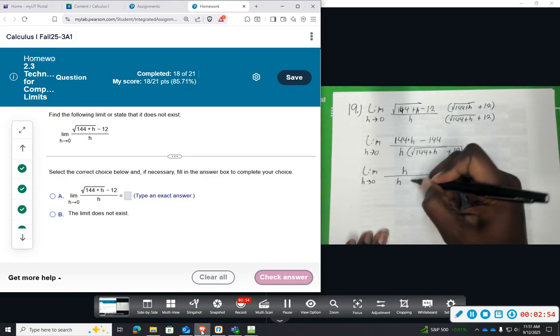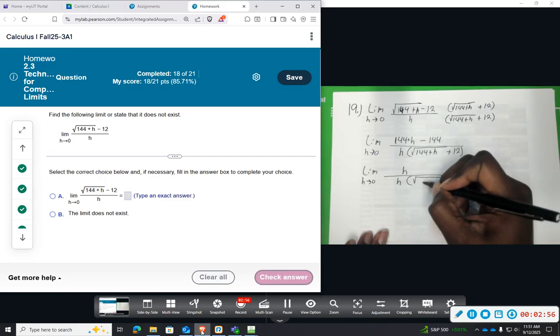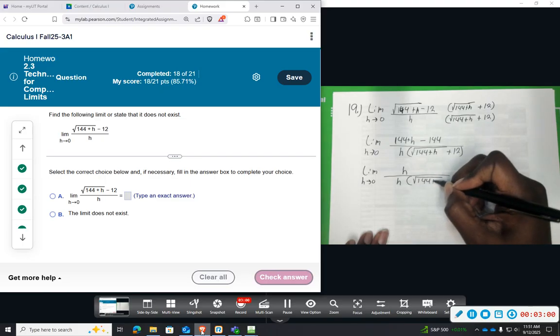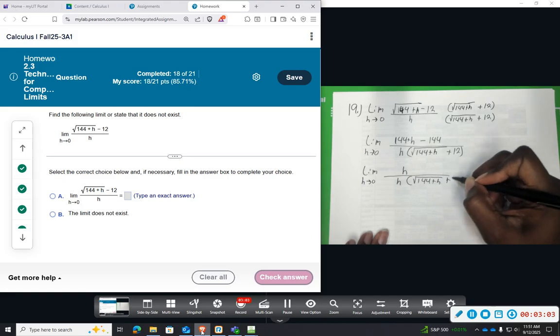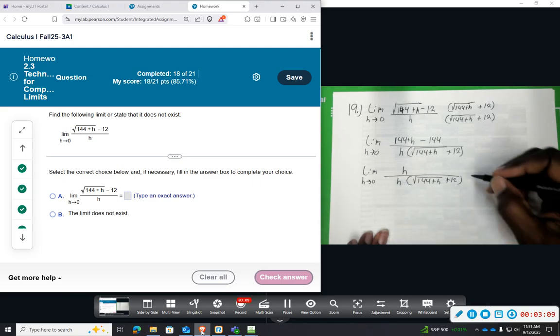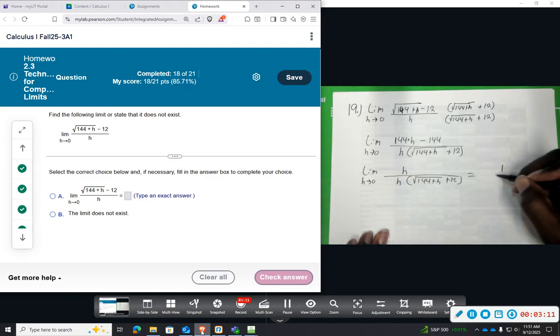We have an h on the bottom, and then we have square root of 144 plus h and then plus 12. Okay, so we can divide out an h. So again, this is kind of like dividing out a factor of 0. So we'll have a 1 over the square root of 144 plus h plus 12.